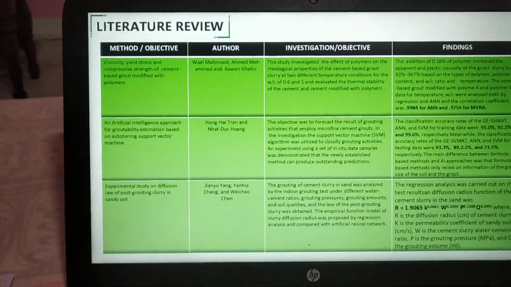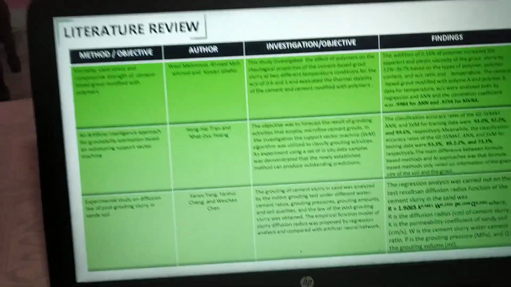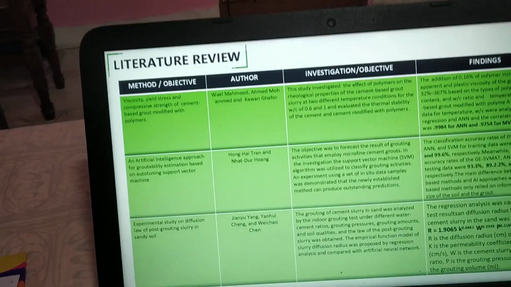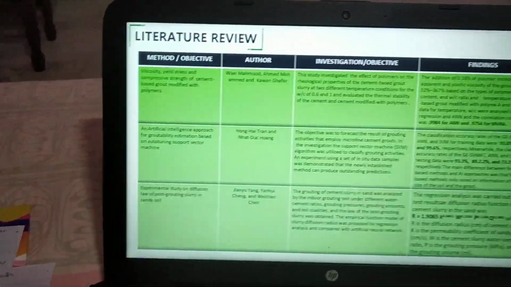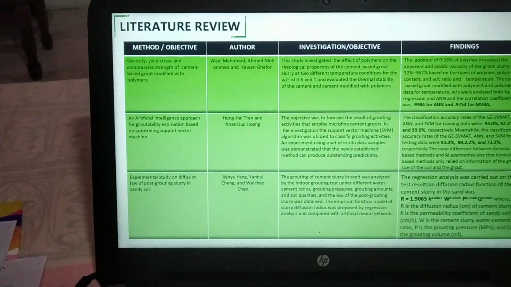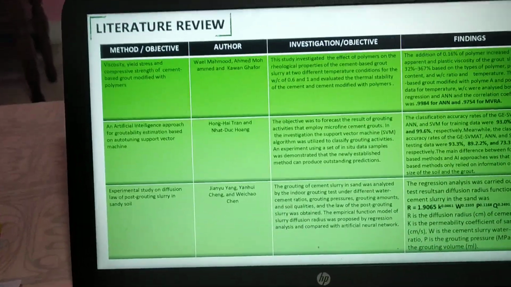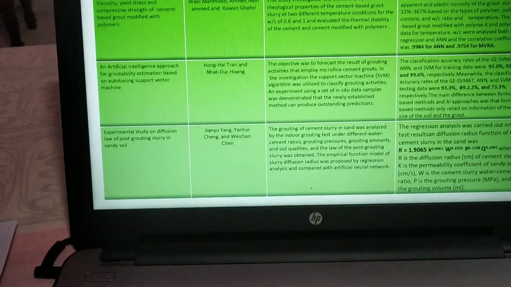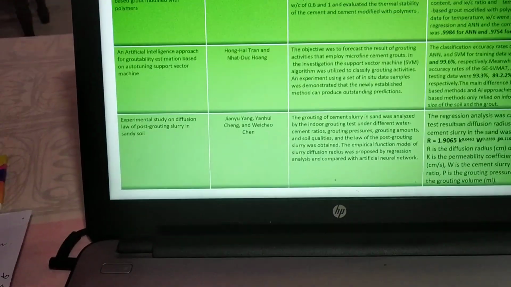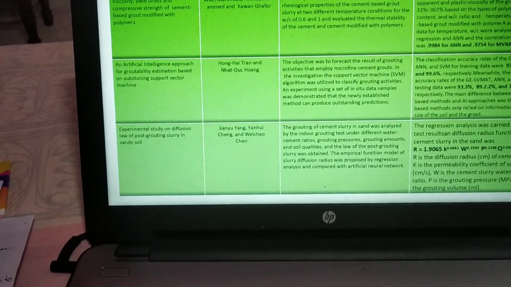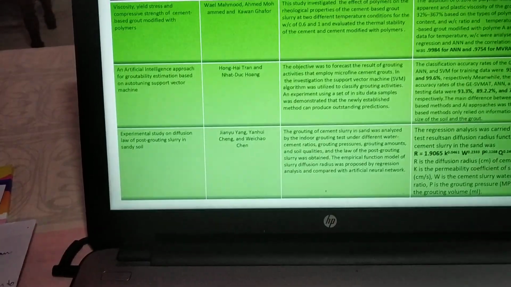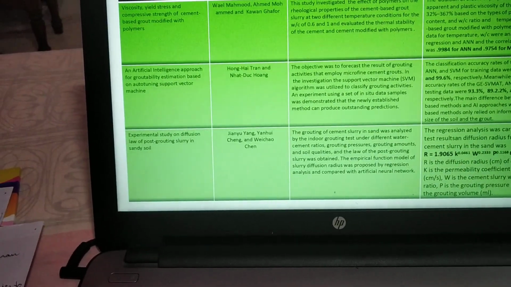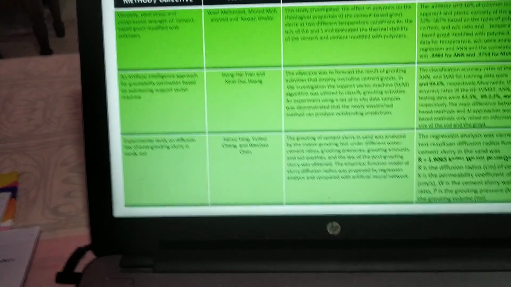These are the other few research papers that I studied for my project. These include the use of ANN, MVRA and SVM (support vector machine), which we won't be using for our project. The major objective of all these three research works was that they studied the effect of polymers and their microfine properties to predict the rheological as well as the mechanical properties of the grout using ANN and MVRA as predictive tools.